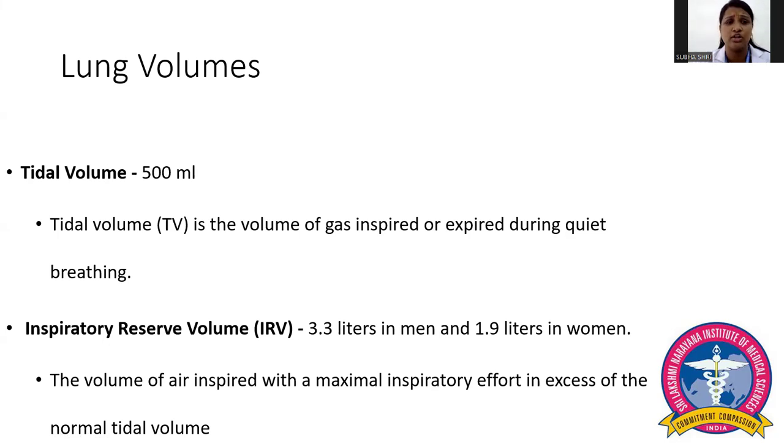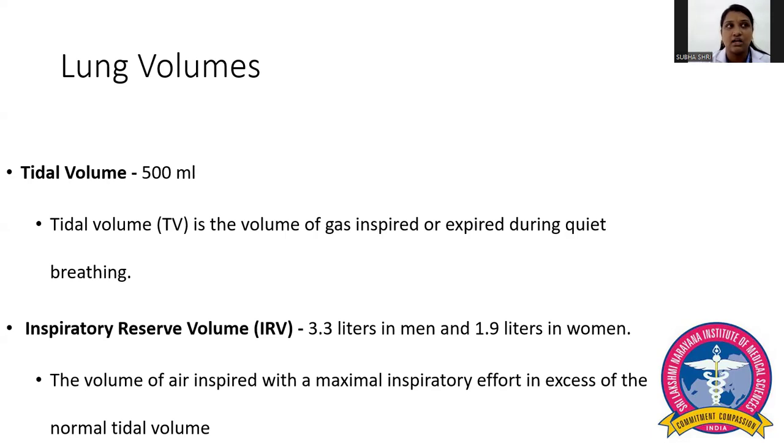So the next volume is inspiratory reserve volume. The name itself says, it is the inspiratory. That means the amount of air that is inspired. And reserve. What do you all mean by reserve? Reserve is something extra to the normal, right? So what is inspiratory reserve volume? It is after a tidal inspiration.